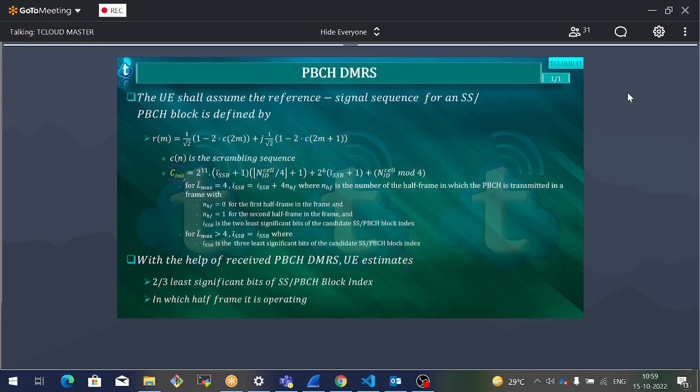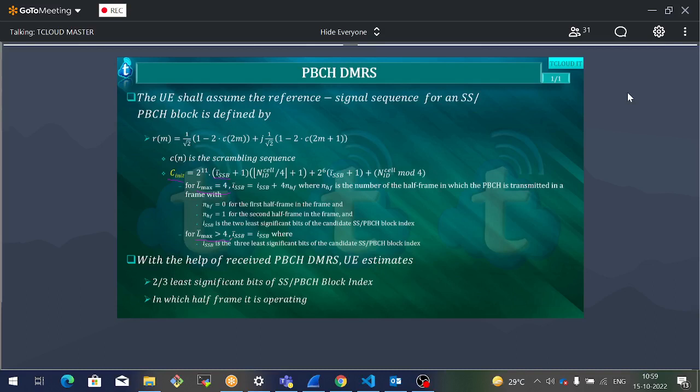Now you can have the C init value, but there is one more field here, which is I bar SSB. What is it? This I bar SSB is different for Lmax 4 or Lmax greater than 4. You remember the Lmax from our SS block transmissions? How many times your SS blocks are getting transmitted? 4 times, 8 times, 64 times.